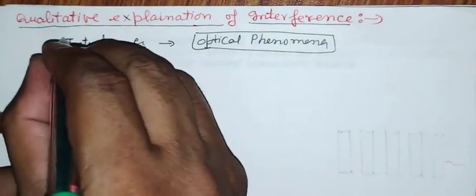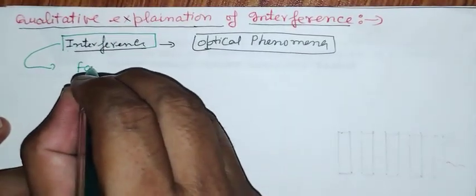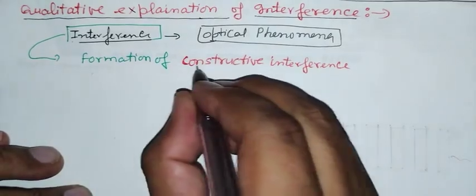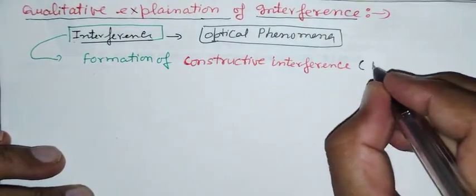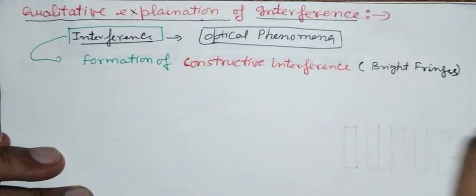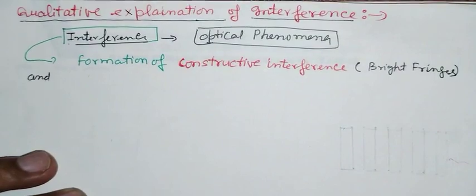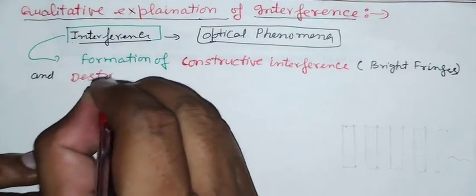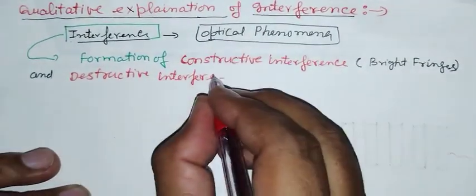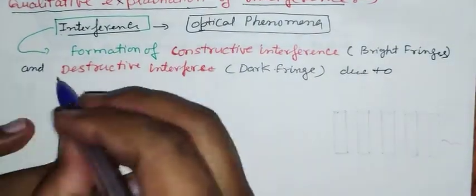Interference is basically the formation of constructive interference, that is the bright fringes, and destructive interference, the dark fringes, due to superposition.